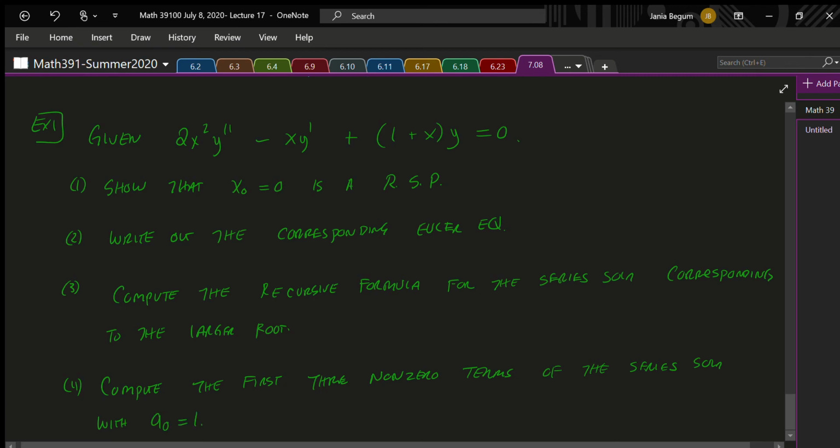I think this would simplify a little bit by putting a0 equal 1. Alright, so we'll take a few seconds break and then we'll start.